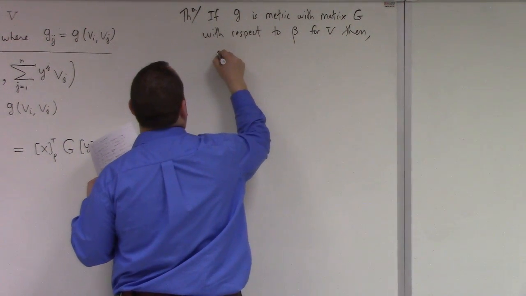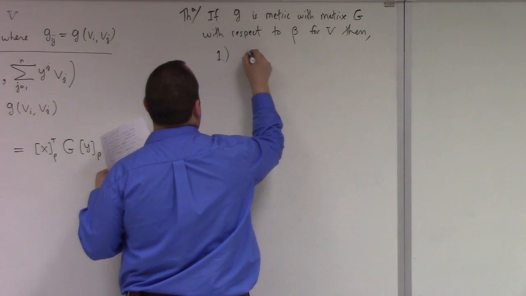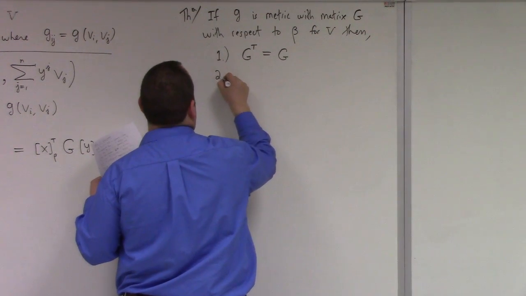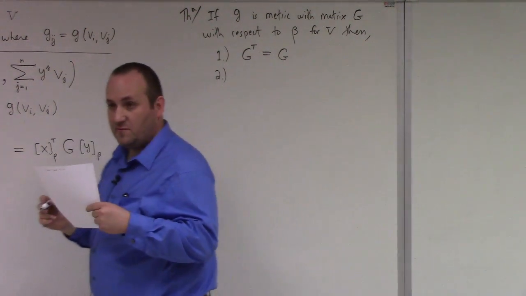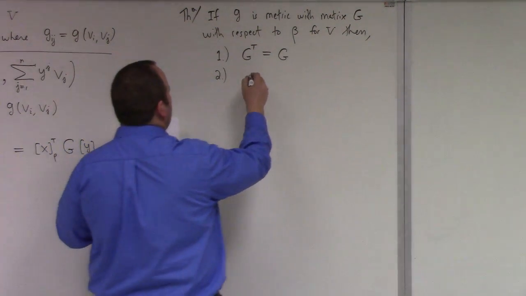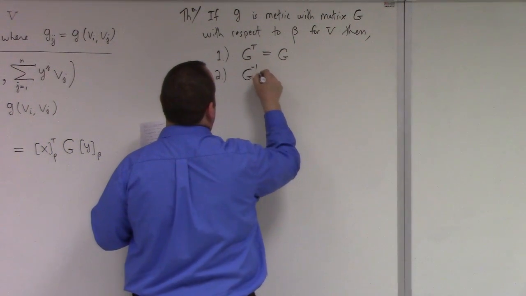Number one, G transpose is equal to G. I think I proved that with a fair amount of clarity last time. Two, I got a little bit stuck on: G inverse exists.